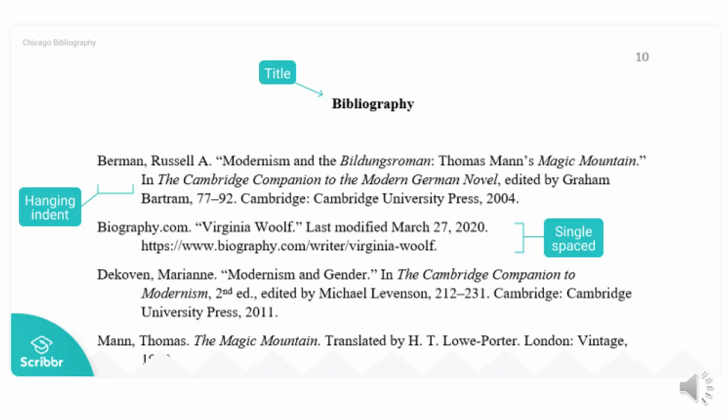Here are some examples of bibliography. Notice the indent, which is written here as a hanging indent, and the single spaces. Also the last name of the publisher or the author, pages also, and so on.